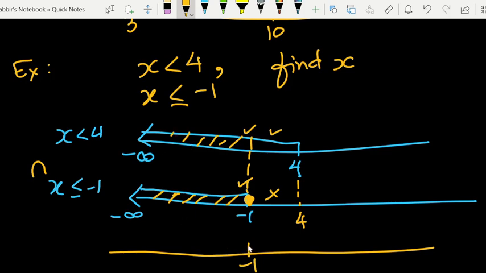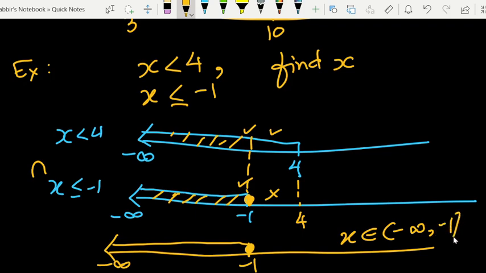So finally the common solution would be minus infinity to minus 1, minus 1 included. So x belongs to minus infinity to minus 1, minus 1 included, guys.